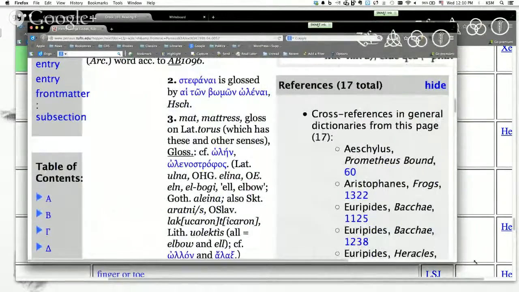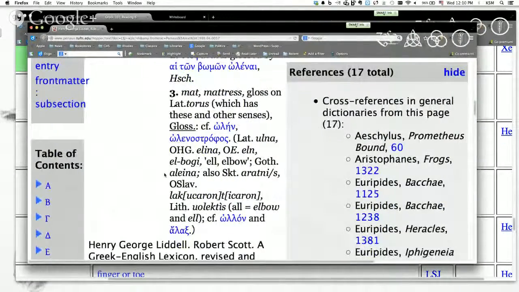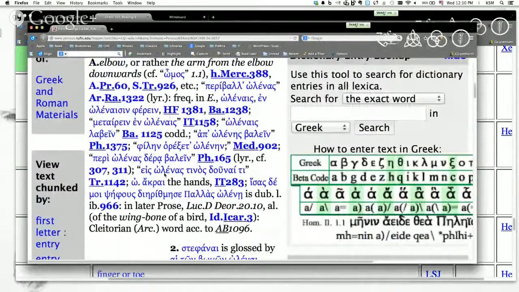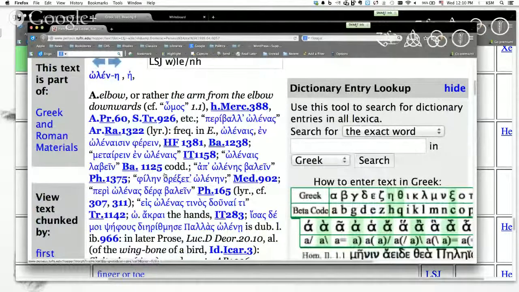Look, we've got even other interesting meanings here, a mat or mattress. So that will give you some sense of the distribution and the uses of things, right? And so you can go in there and explore what the differences are. Okay? Cool. Very good.